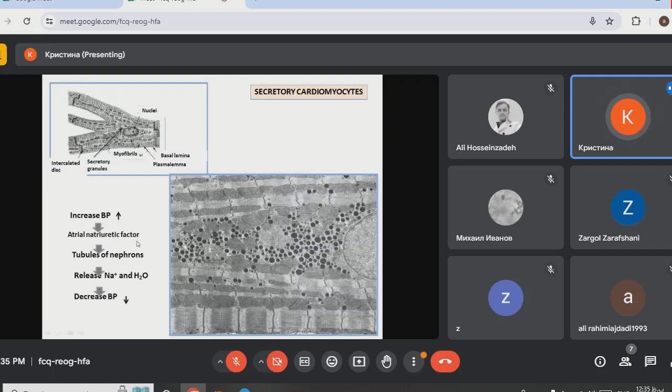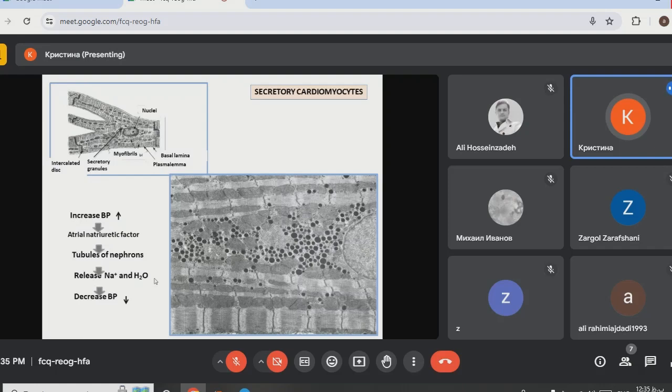This substance goes to blood capillaries, and with the flow of blood it reaches the kidneys, and it acts upon the cells of the tubules of nephrons inside kidneys, making them release more sodium and water with urine.